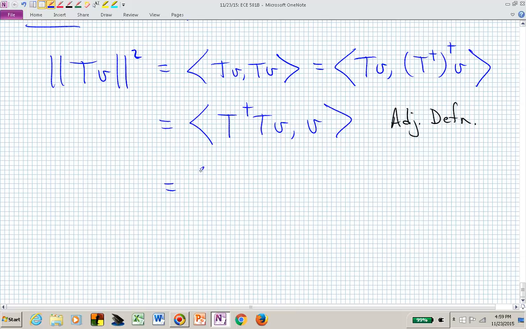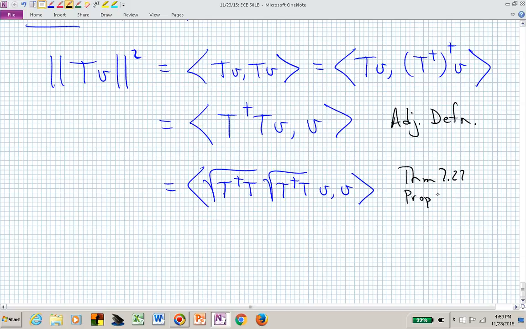So let's rewrite T dagger T as the square root of T dagger T times the square root of T dagger T. And that's coming to us from these theorems and proposition and the fact that T dagger T is normal.